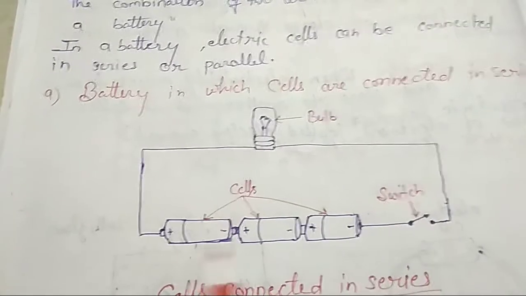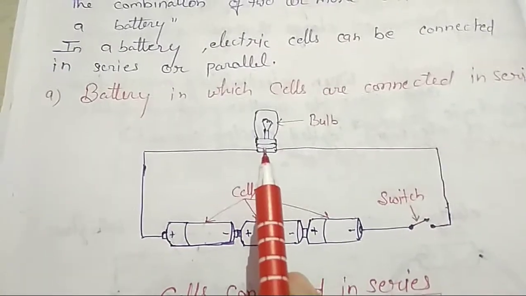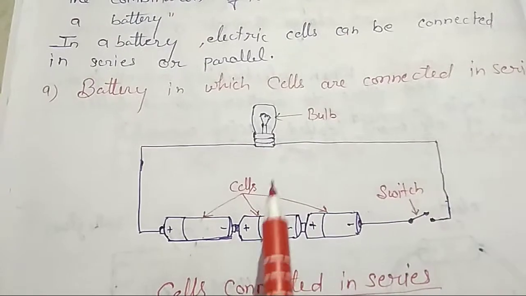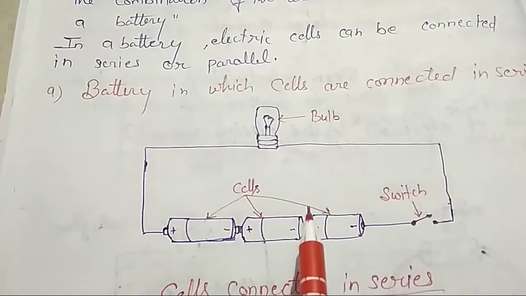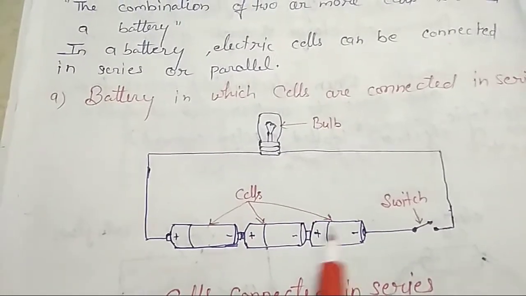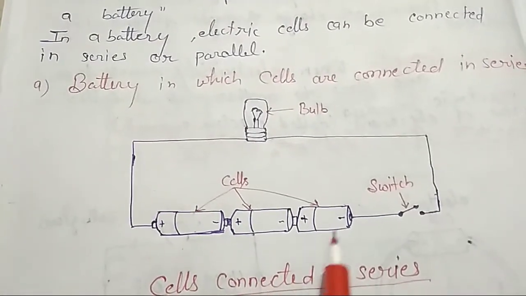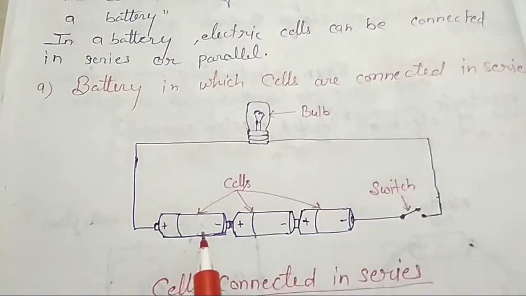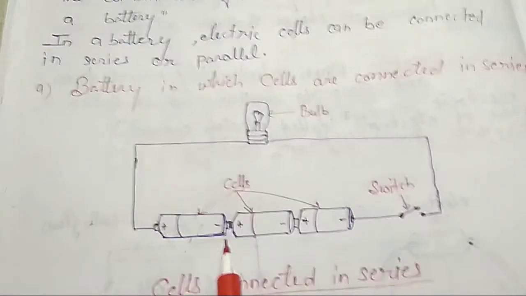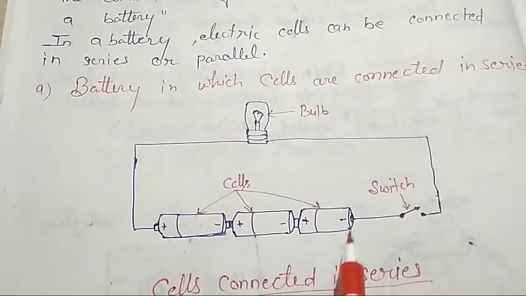That's why current will not flow and the bulb will not glow. This type of connection of cells is known as series, and this is a battery because more than one cell is connected to each other.